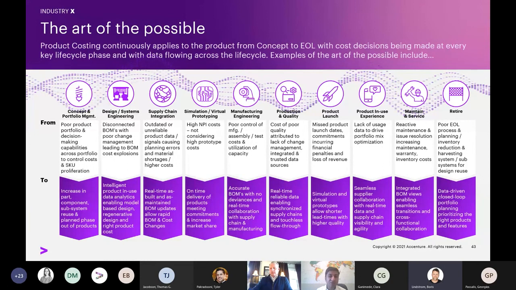What leaders are doing is they have closed loop product cost management. It's beyond product launch, even after the launch till the retirement, you still have the same entity own the P&L of this product, so that you have feedback loops for the 2.0 product, or the S-curve of your product roadmap.